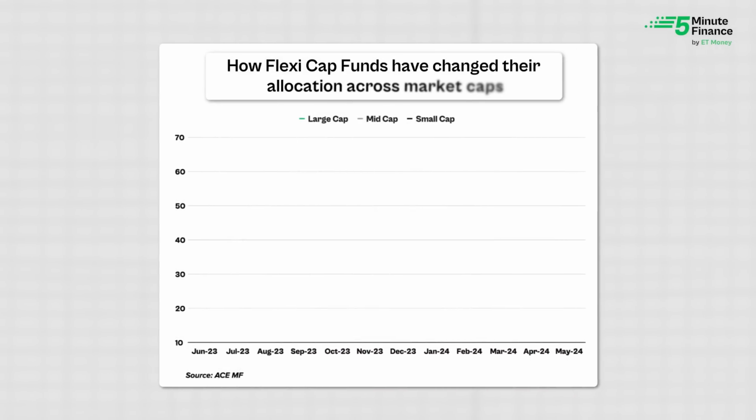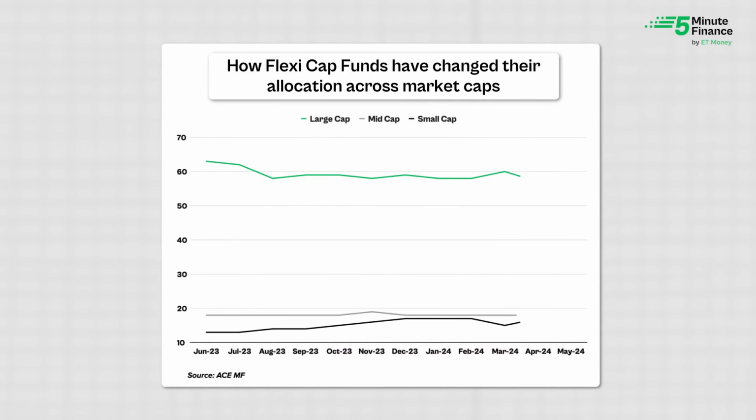Now, at the risk of repeating myself, both Flexi Cap and Multi-Cap funds can invest across large, mid and small cap stocks, where fund managers in Flexi Caps can invest across any market cap, while Multi-Cap funds have restrictions to invest a minimum of 25% each in large, mid and small cap stocks. Take a look at the chart on your screen. It shows how the Flexi Cap funds have changed their allocation.